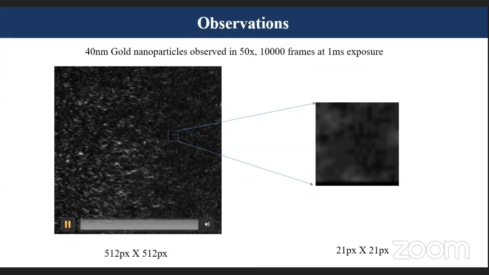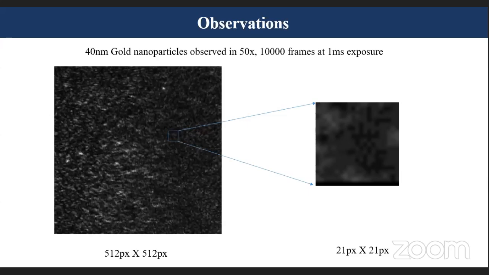If you look from the top, you can see that, like stars, whichever particle is coming to the focal plane is generating a scattering signal, and whichever is far is only creating the background, and there's no change in the background. So you can see these gold nanoparticles popping up and coming down.